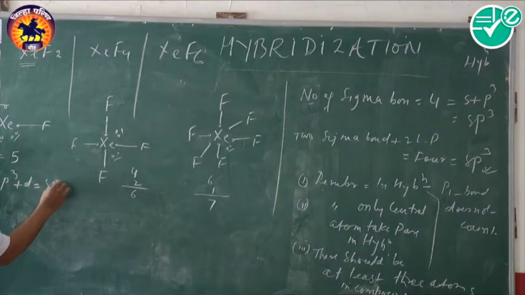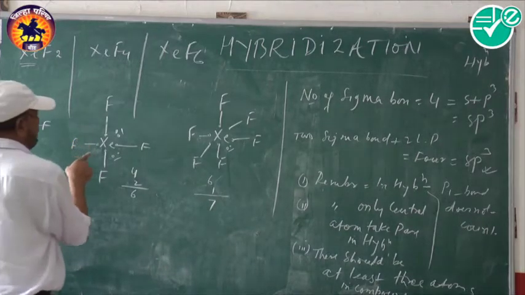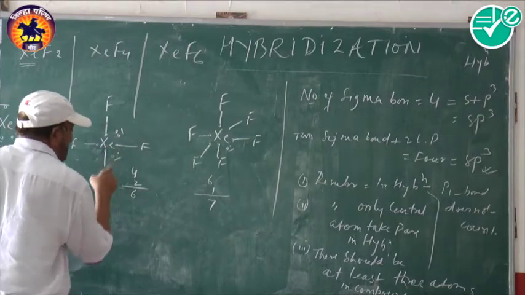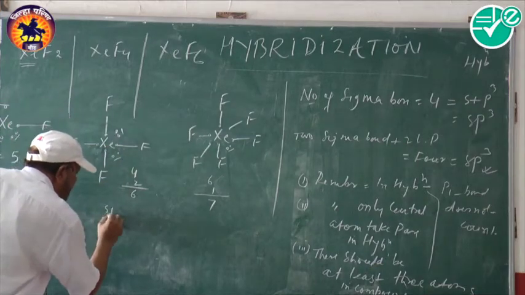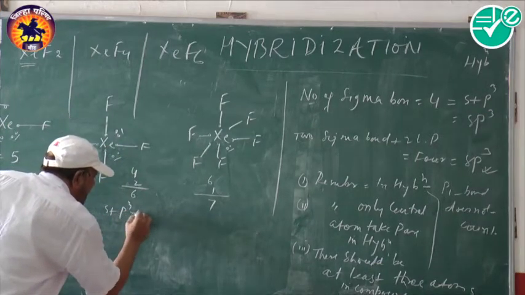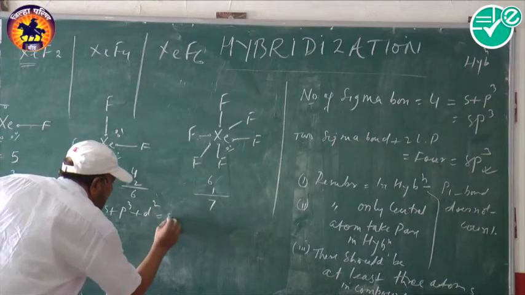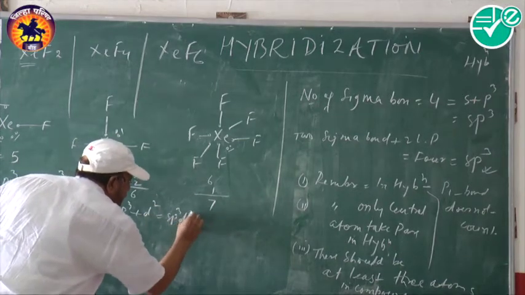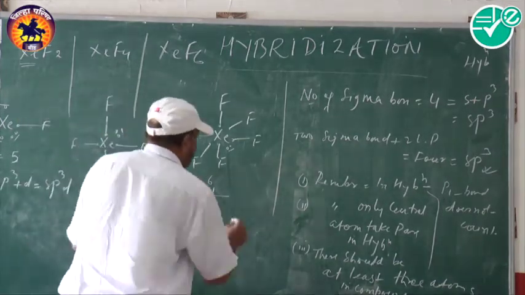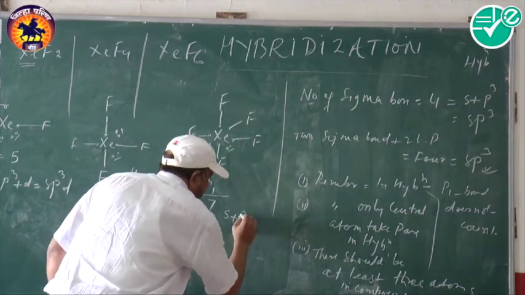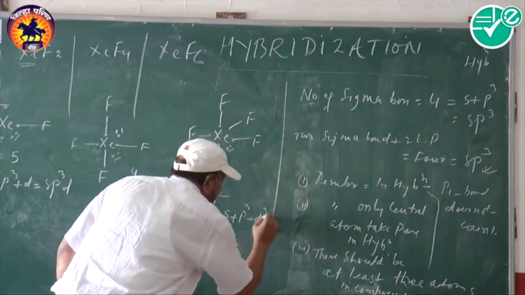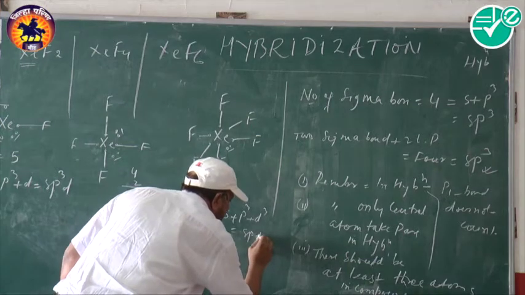Therefore, hybridization is sp3d. Here it is 1, 2, 3, 4, 6. Hence 1s, 3p and d2 means sp3d2. And here 7, 1s, 3p and 3d, hence sp3d3.